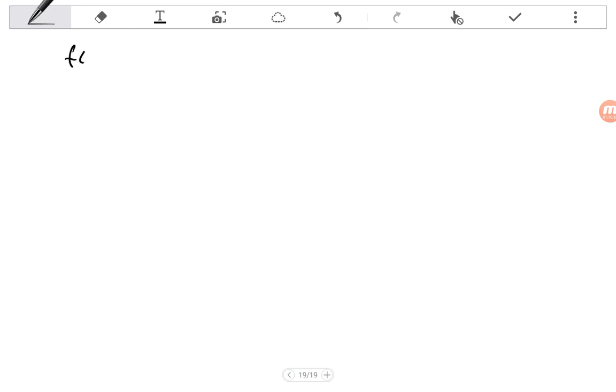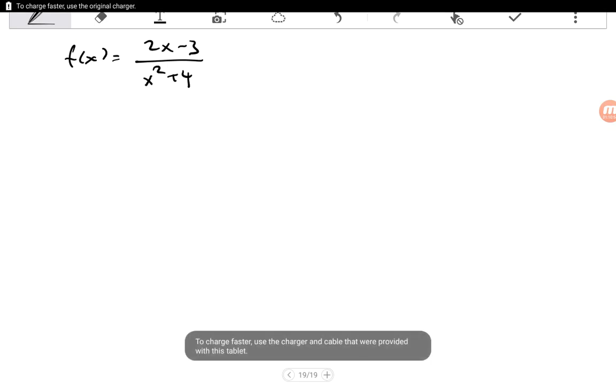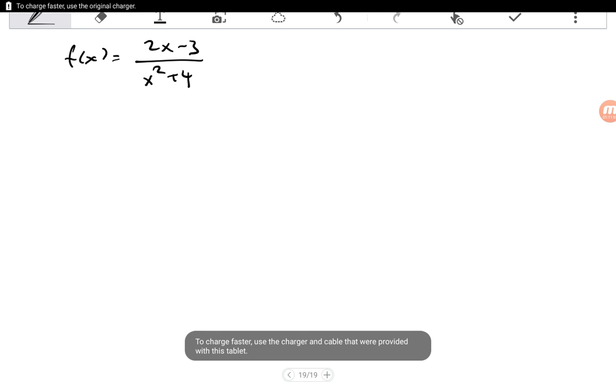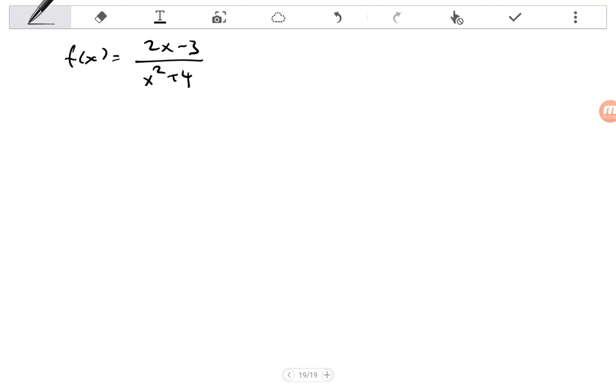What about this expression? f of x is equal to 2x minus 3 over x^2 plus 4. Whenever I have a denominator, we exclude the zeros of the denominator. When is x^2 plus 4 equal to 0?